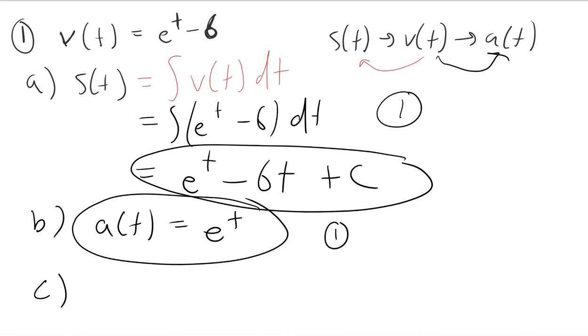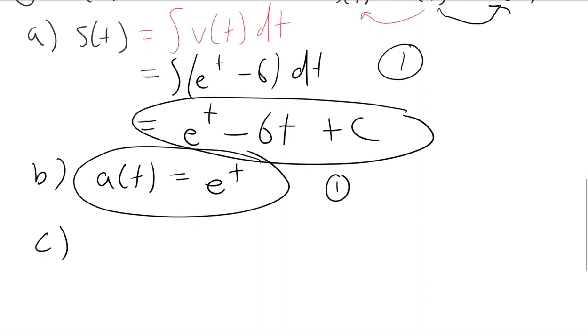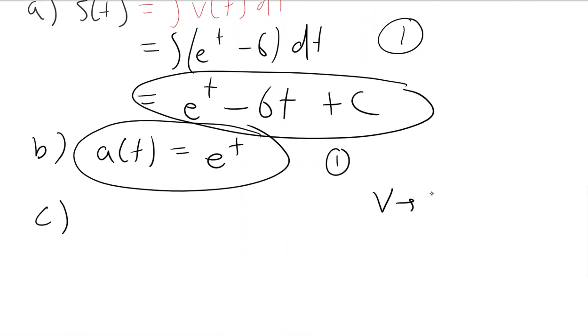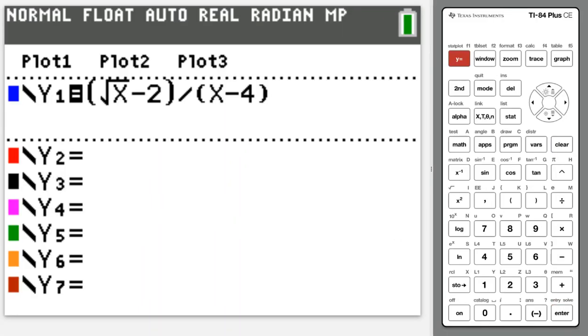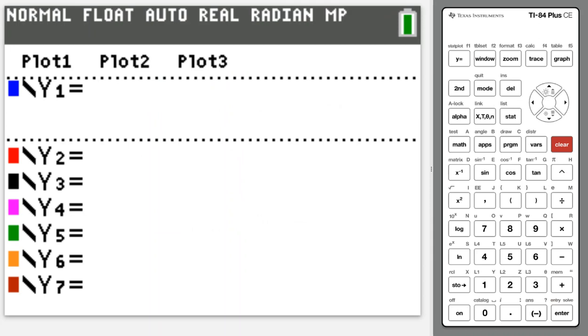Part C, when does the particle change direction? What you have to know for this one is that when velocity is positive, it's going to the right. When velocity is negative, it's going to the left. This is a calculator question, so even though I could probably do the whole thing by hand, why not just graph it?